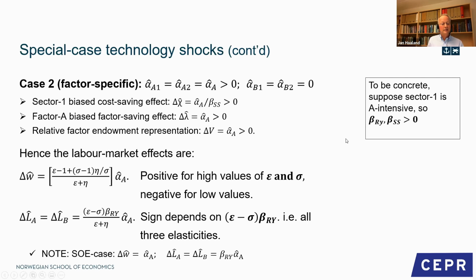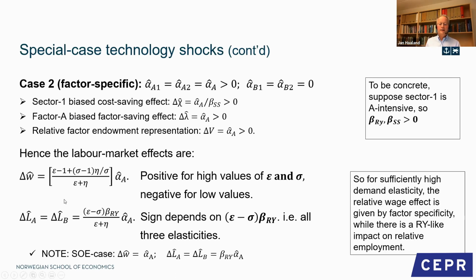So in this case, the wage effect depends not on which sector it is, but on the combined elasticities of epsilon and sigma. So the higher these elasticities are, the more likely it is that the wage will increase for factor A. The employment effects, on the other hand, depend on which sector is A intensive. So employment of both factors will go up in the A intensive sector and down in the other one.